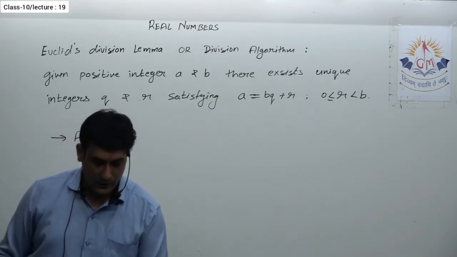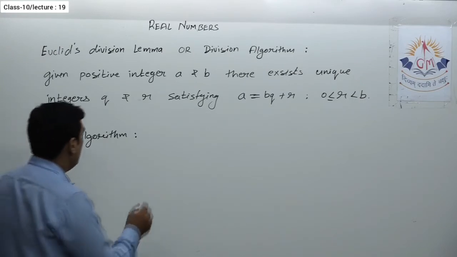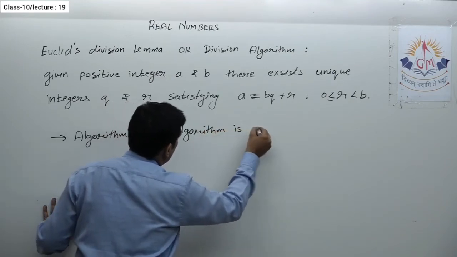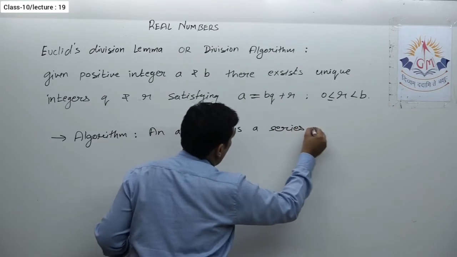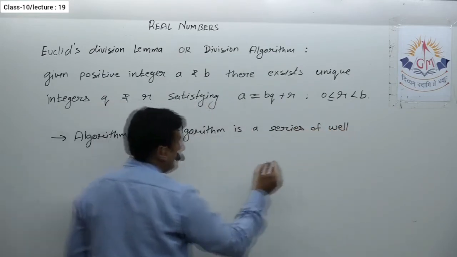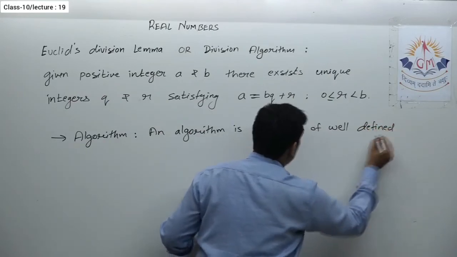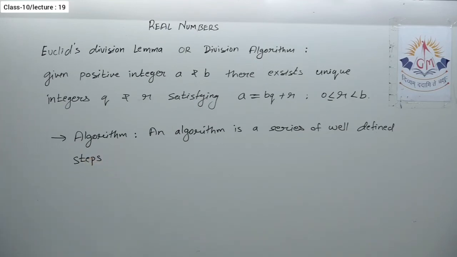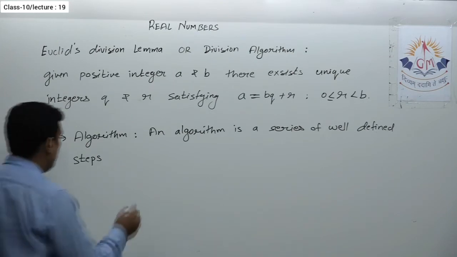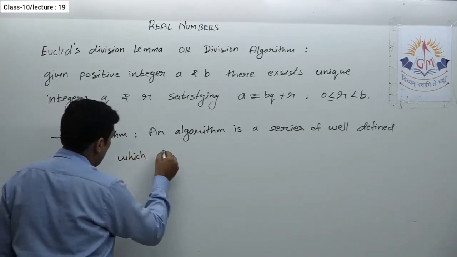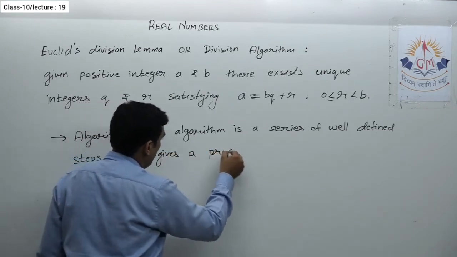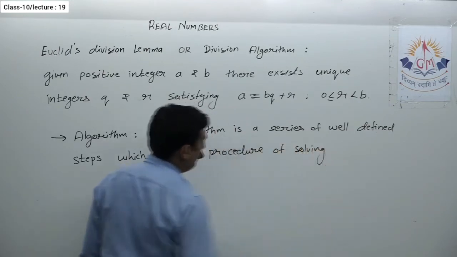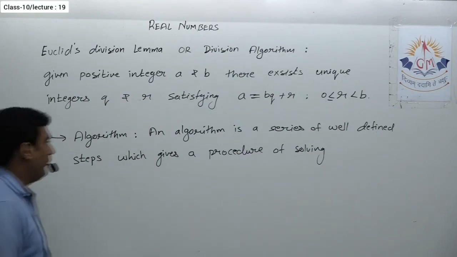Exactly, it is written as: an algorithm is a series of well-defined steps which gives a procedure for solving a type of problem.